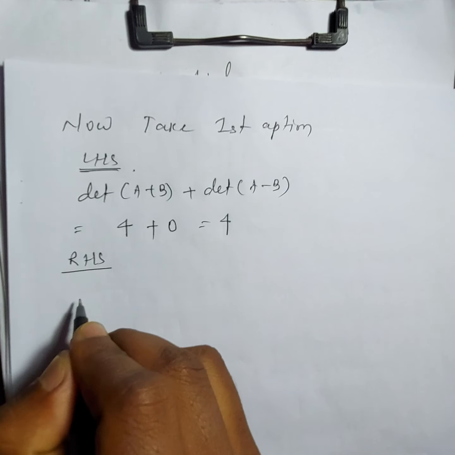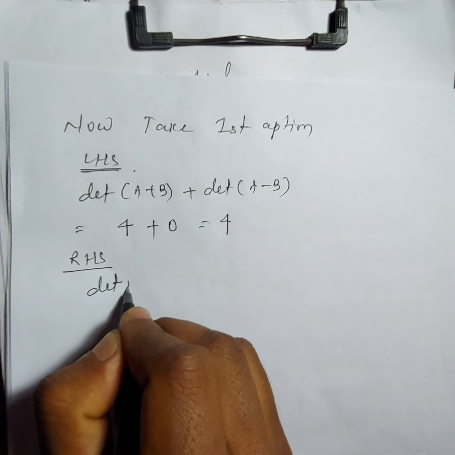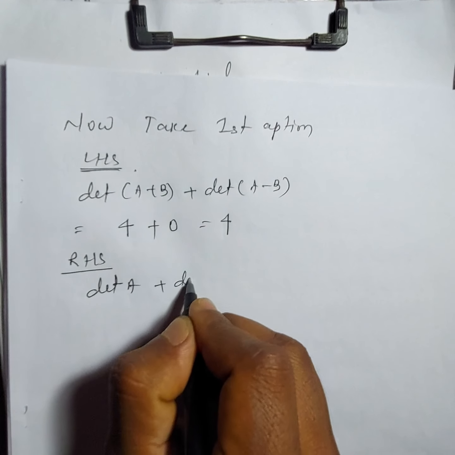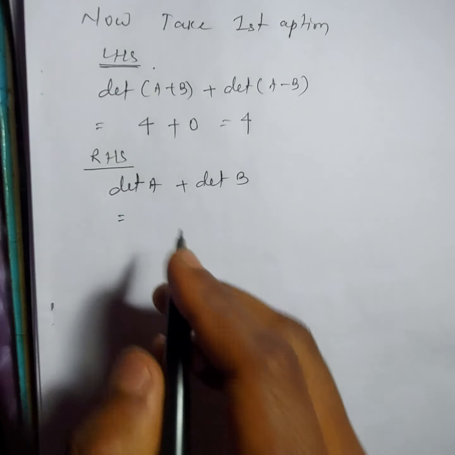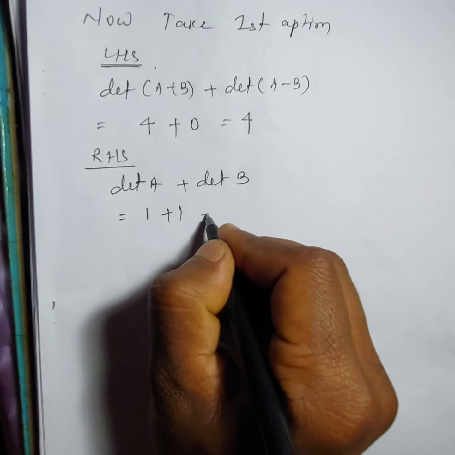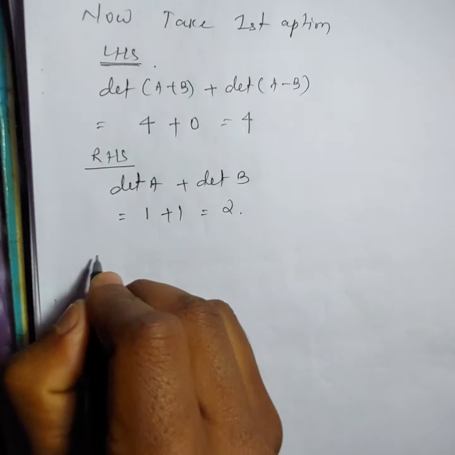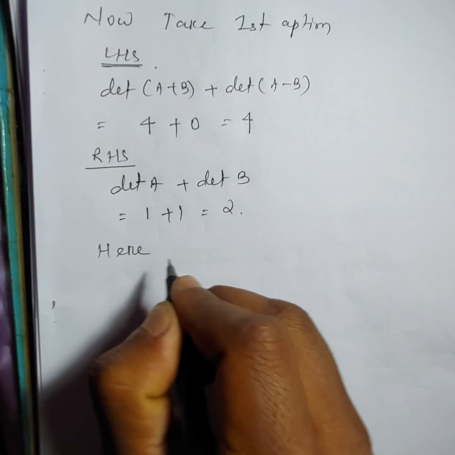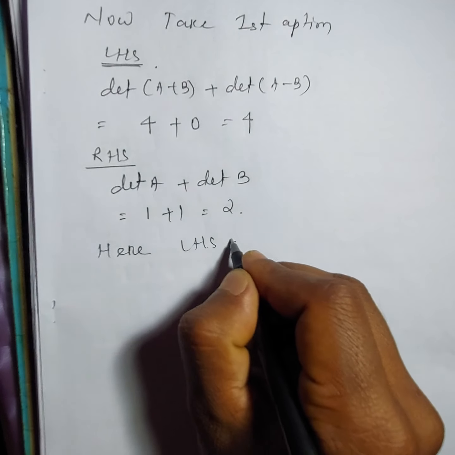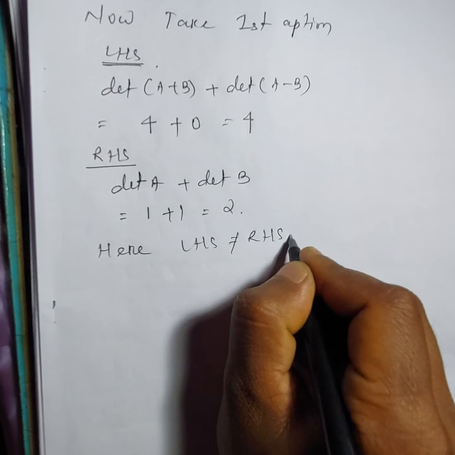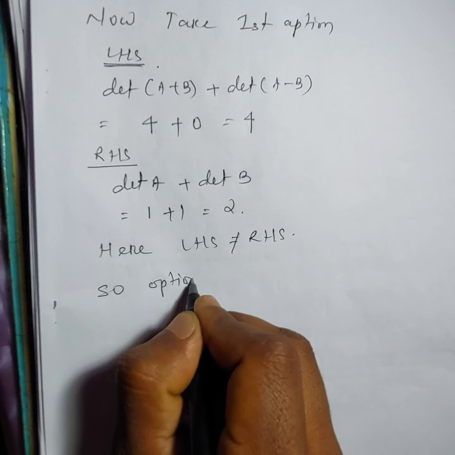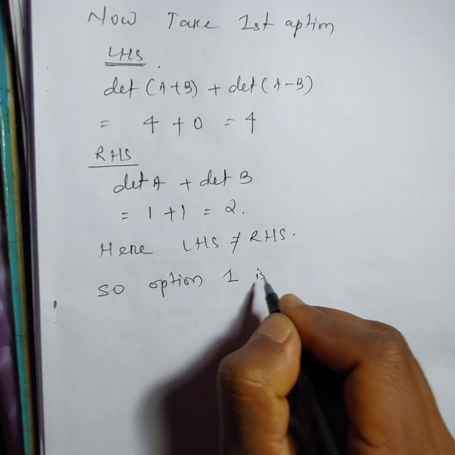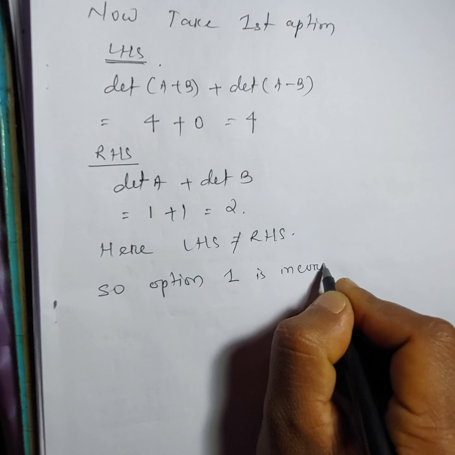RHS: determinant of A plus determinant of B, this is equal to 1 plus 1 is equal to 2. Here LHS not equal to RHS. So option 1 is incorrect.